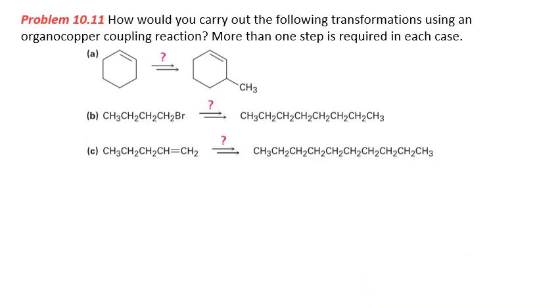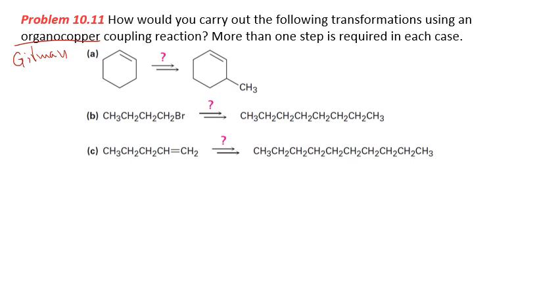Problem 10.11. How would you carry out the following transformation using an organocopper coupling reaction? Now, organocopper is also called the Gilman reagent. And the coupling reaction is between an alkyl halide and a Gilman reagent.